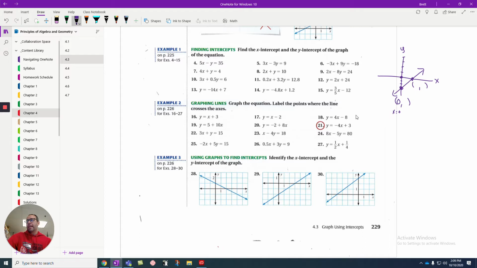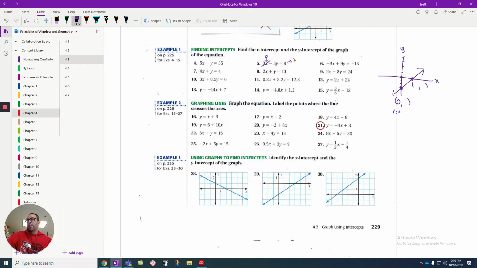Well, that's really helpful for taking one of these problems, like number 5, and saying, how in the heck do I figure out what the y-intercept is? To find the y-intercept, all I have to do is let 0 be the value of x. This equation would then be 3 times 0, which I know is 0, minus 3y equals 9.